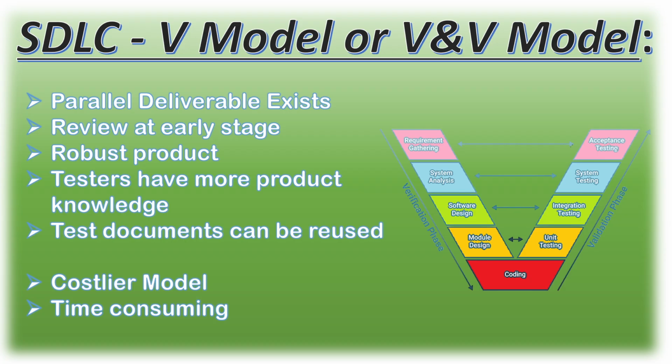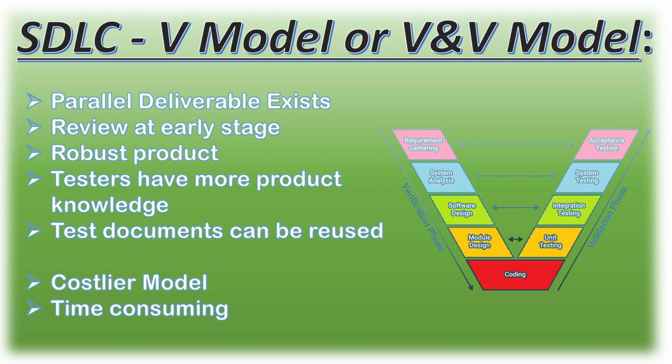Next is the V model or V and B model in SDLC. This is a really very important model, so please listen carefully. There are some pros and cons. Parallel deliverables exist, review happens at an early stage, we will have a robust product, testers will have more product knowledge, and test documents can be reused.